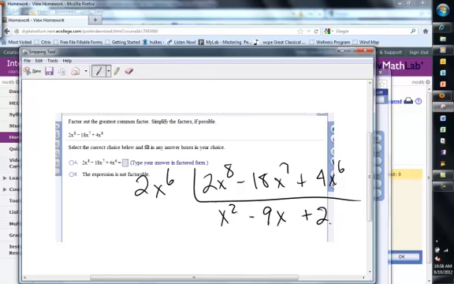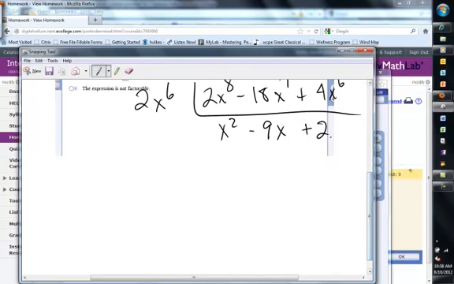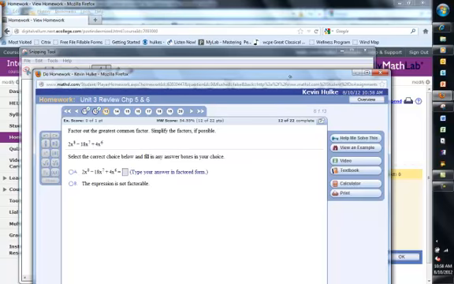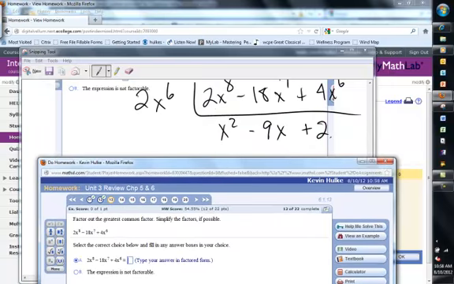What two numbers multiplied equal 2, added equal negative 9? There aren't any. So our factored form is 2x to the 6th, parentheses x squared minus 9x plus 2.